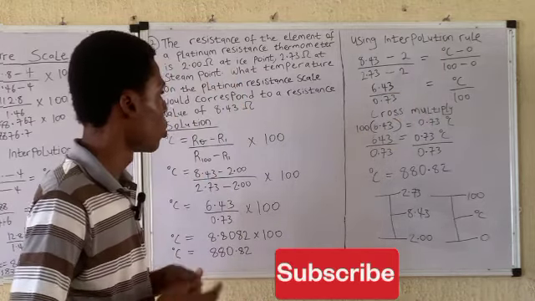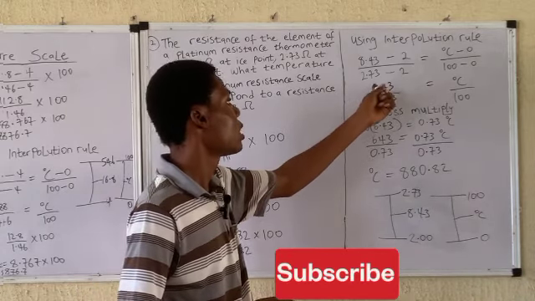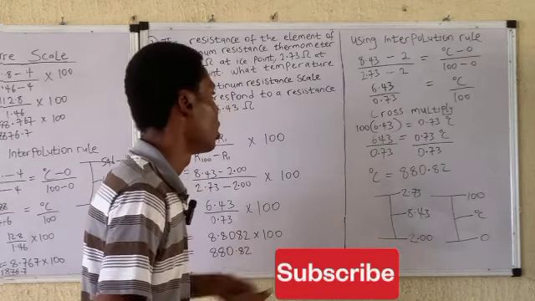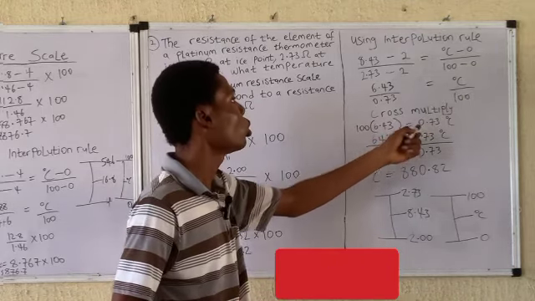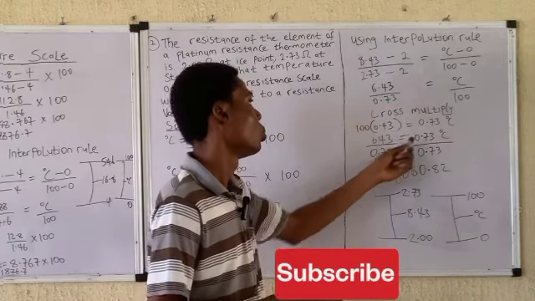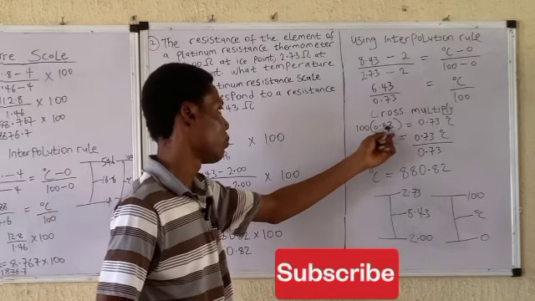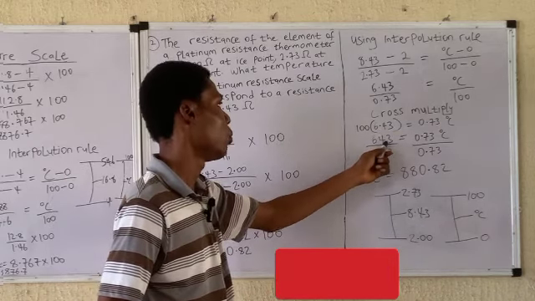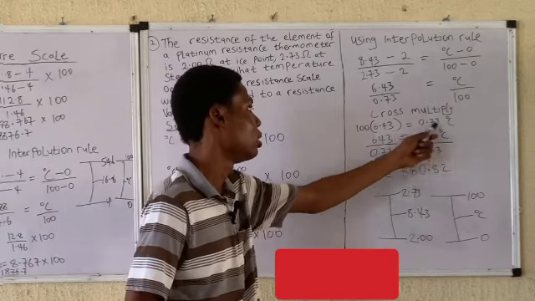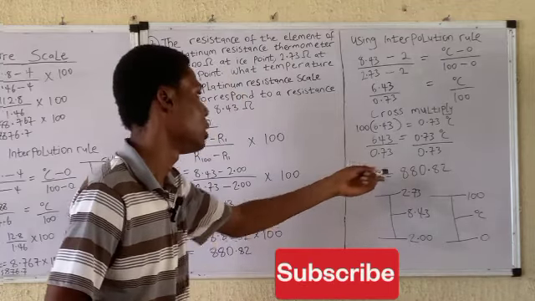So what do we do here now? Here we cross multiply. We have 6.43 times 100, then equal to 0.73 times our degree Celsius. So we multiply 100 times 6.43, we have 643, equal to 0.73 degrees Celsius. So we are looking for our degree Celsius, so we divide both sides by 0.73.